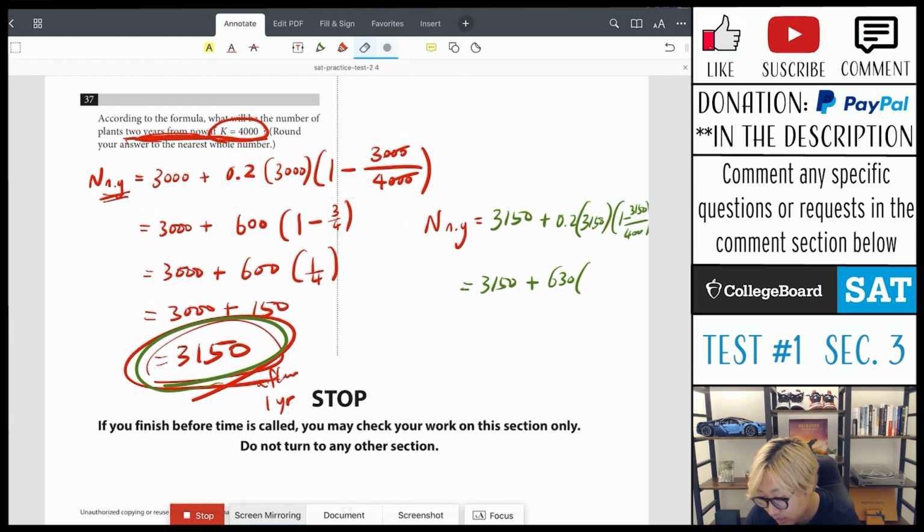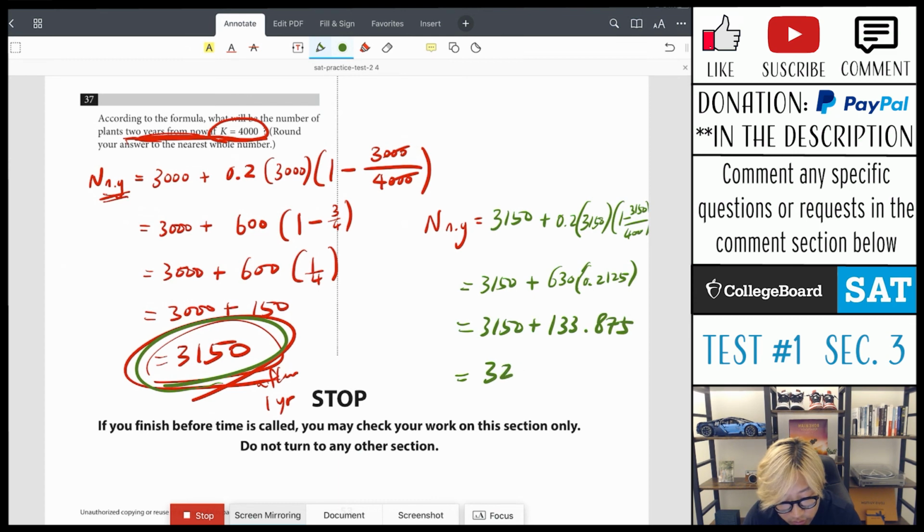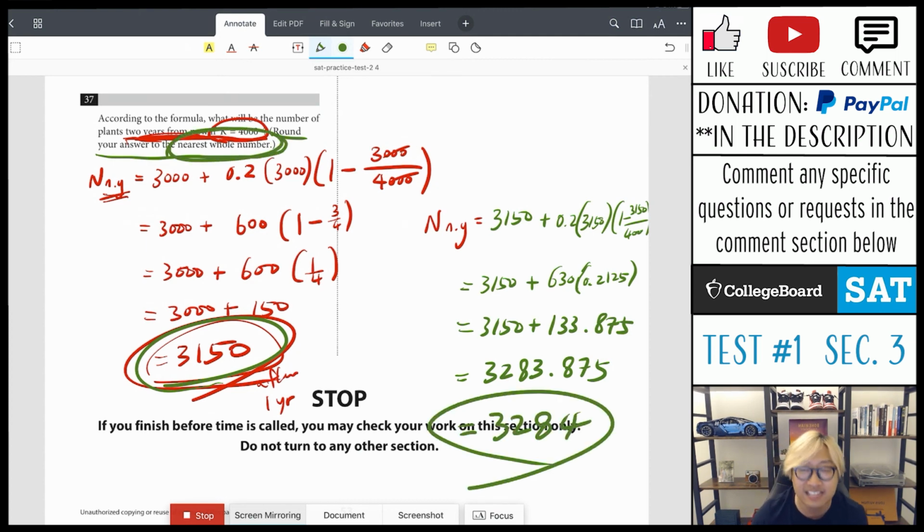So 1 minus that, I got 0.2125, and multiply that by 630. That's 3,150 plus 133.875, and I got 3,283.875. It says round your answer to the nearest whole number, so that must be 3,284, and that's your answer.